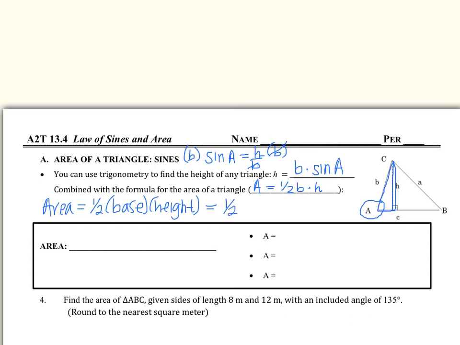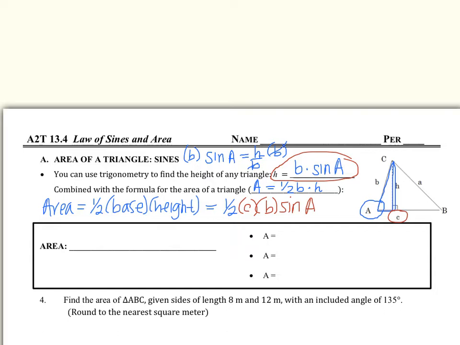Our base is, let's see, our base is this guy right here, C. And then our height is this guy right here, B sine A.